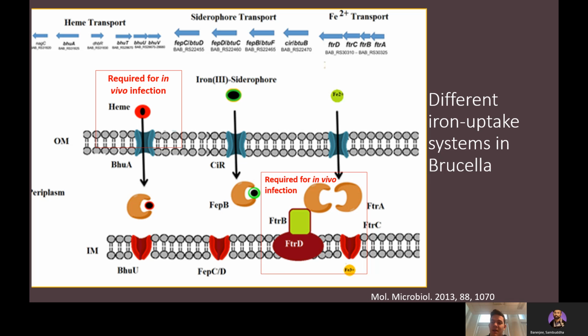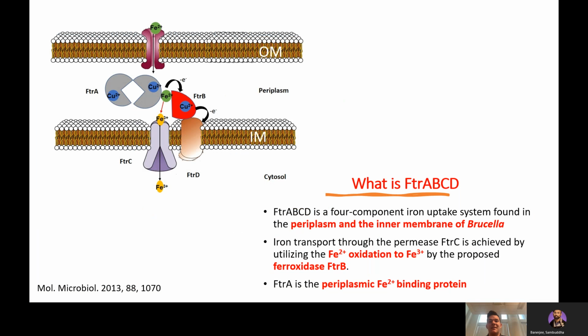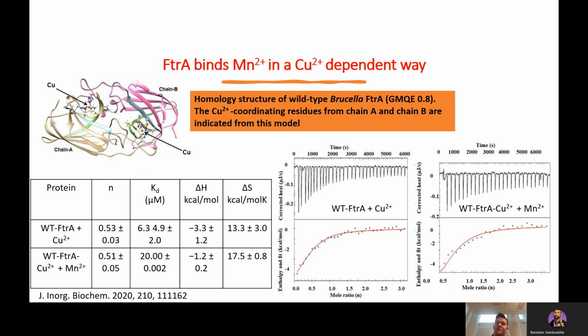Specifically, this lab is talking about FtrA-BCD, which is a four-component iron uptake system composed of FtrA, B, C, and D. FtrA acquires iron 2 plus from the periplasm and transfers it to FtrB, which oxidizes iron 2 plus to iron 3 plus so it can travel down into the cytosol and be utilized by the cell. Specifically, we are talking about FtrA.